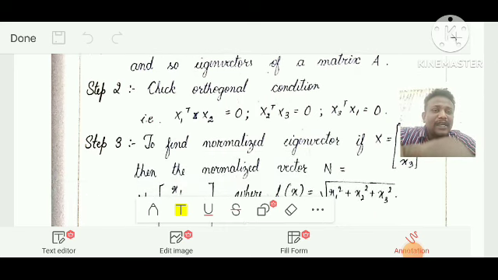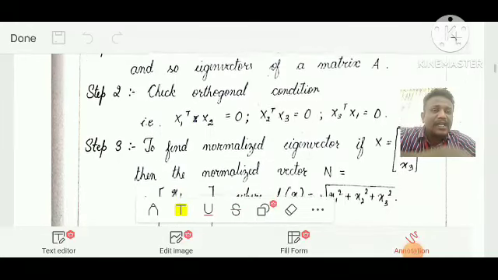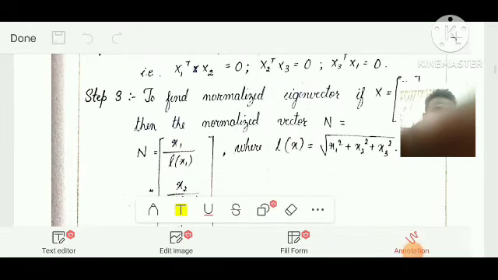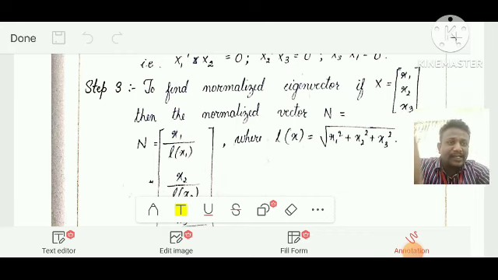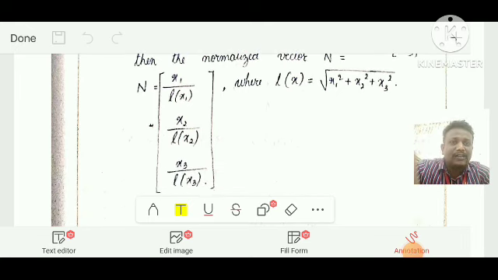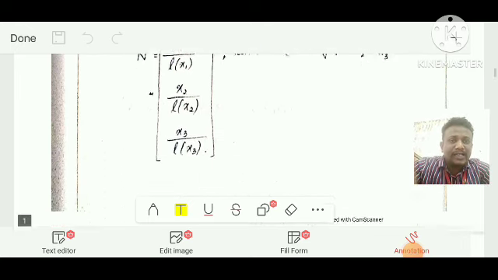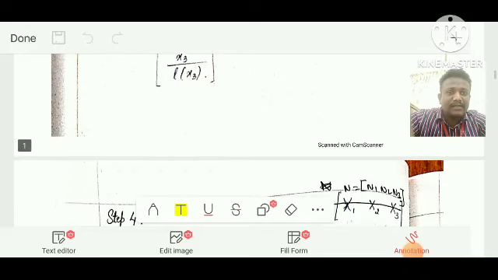After this, we have to find the normalized eigenvectors. For this we have a formula: capital N is equal to x1 divided by L of x1, x2 divided by L of x2, x3 divided by L of x3.